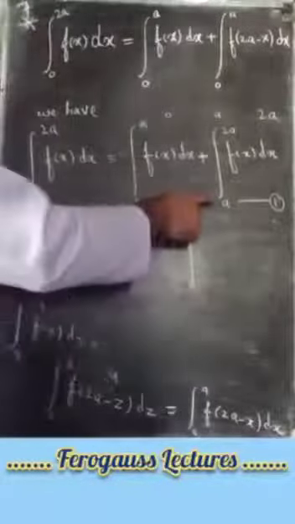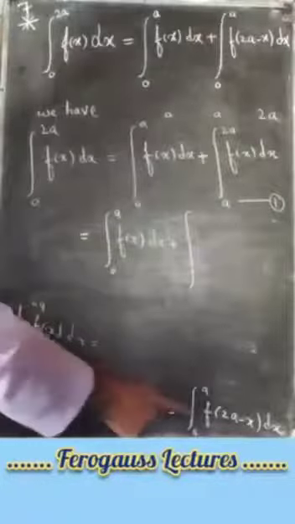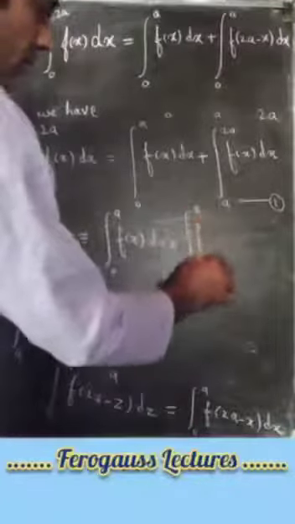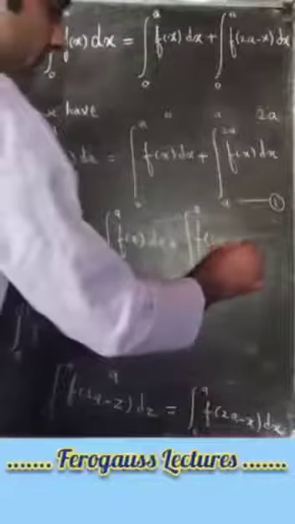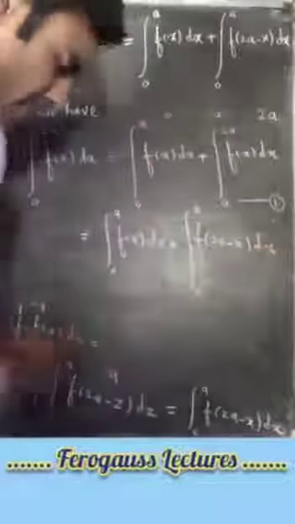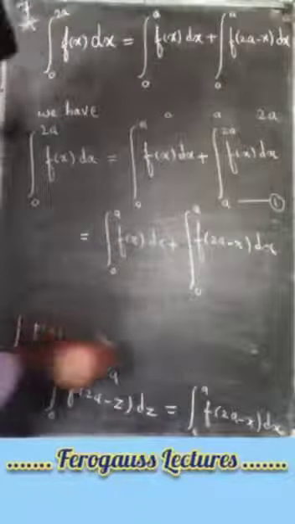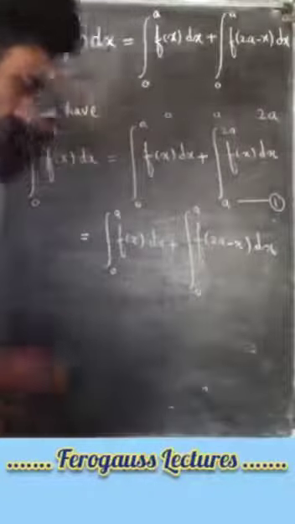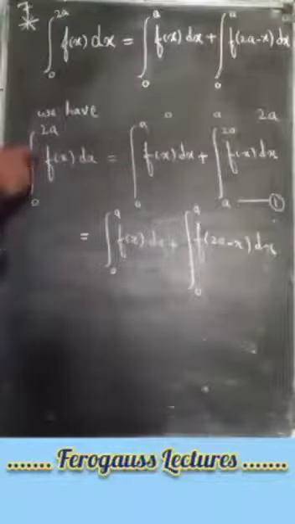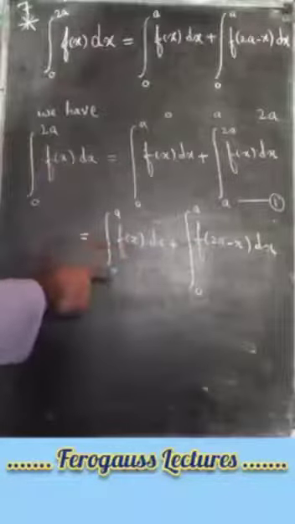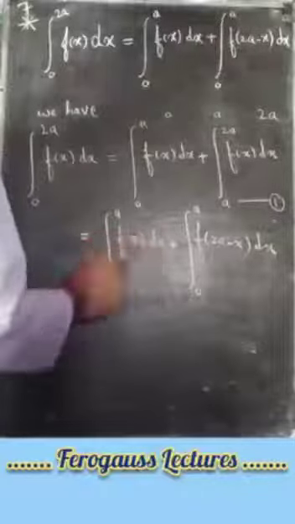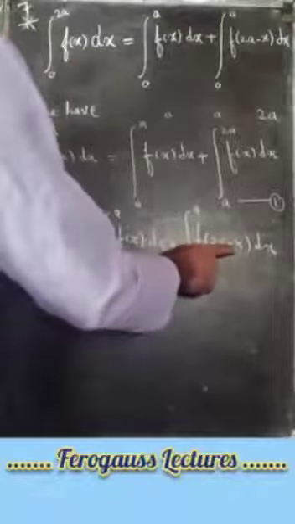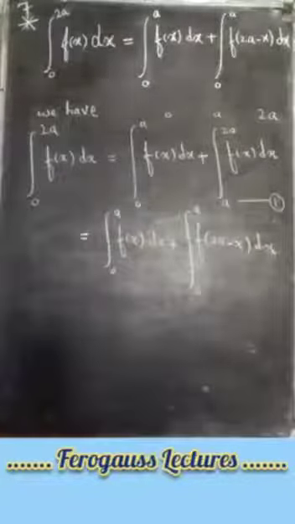Now instead of the integral a to 2a of f(x) dx, we can write the integral 0 to a of f of 2a minus x dx. Okay, and this proves the result. Thus the integral from 0 to 2a of f(x) dx is equal to the integral from 0 to a of f(x) dx plus the integral from 0 to a of f of 2a minus x dx. Okay.